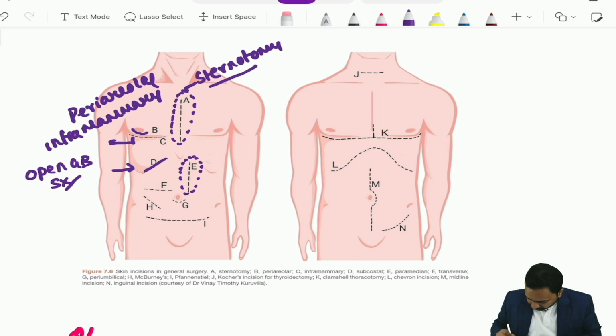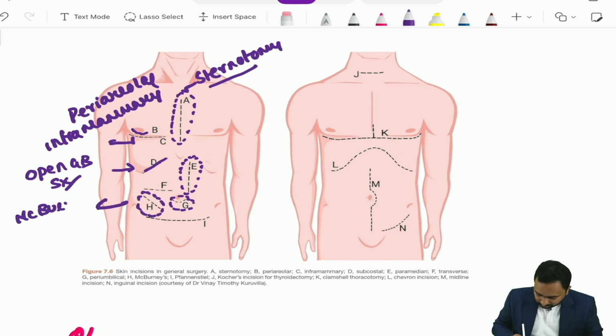Then you have your periumbilical incisions. Now this periumbilical incision is often used to make your first port in your laparoscopic surgeries. Then you have your McBurney incision. Now this McBurney incision is used in your appendectomy.